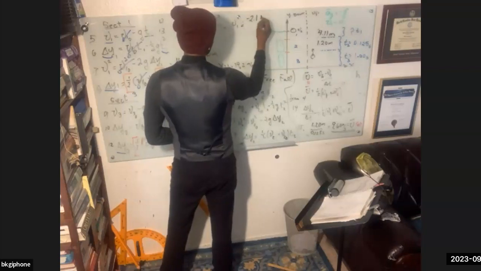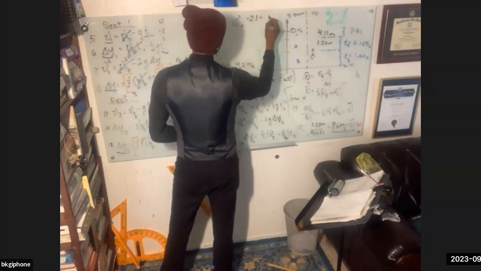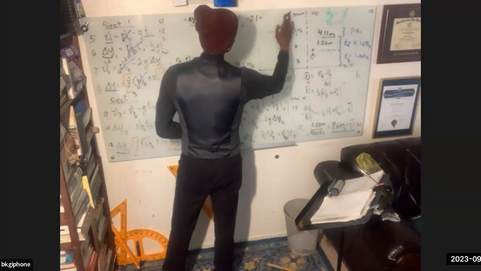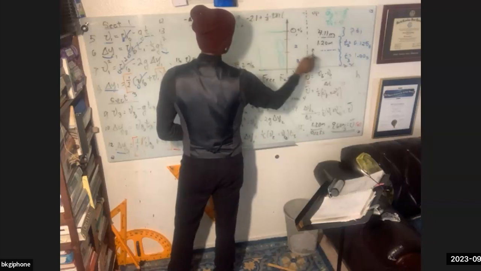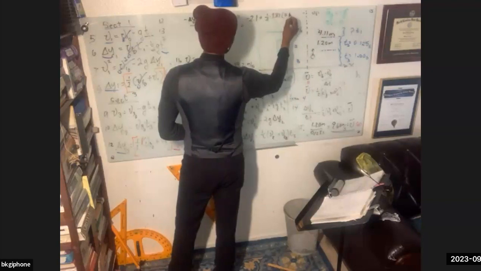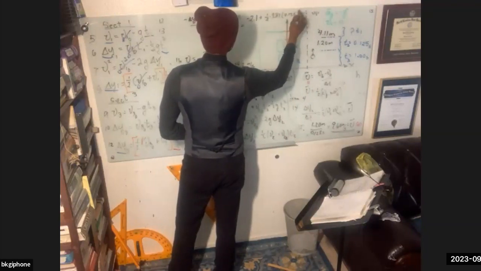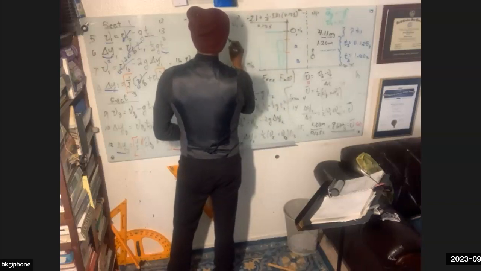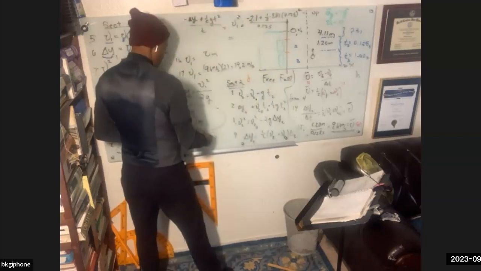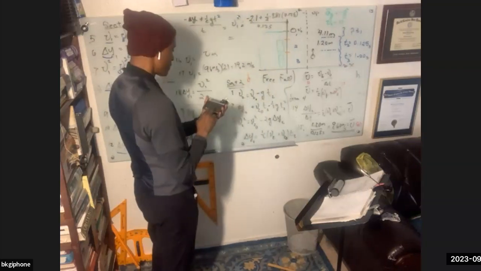And I took that over, so that's plus 1/2 times 9.81 times the 0.125 quantity squared, and then all that divided by 0.125. And I think that gets the velocity that you just mentioned.